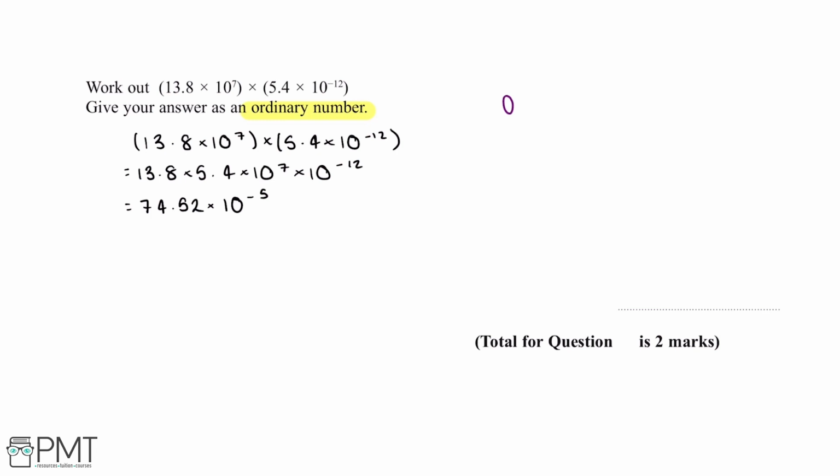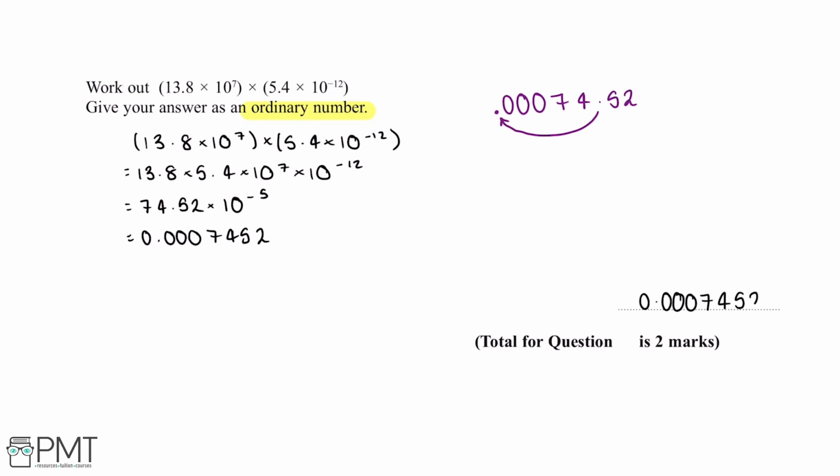So if we rewrite 74.52 with 3 zeros in front, and then we move the decimal point 5 places to the left, this then places the decimal point here. And this is 74.52 times 10 to the negative 5 as an ordinary number. And this is our final answer. Now this question's worth 2 marks, and we'll get both marks for having the correct answer.